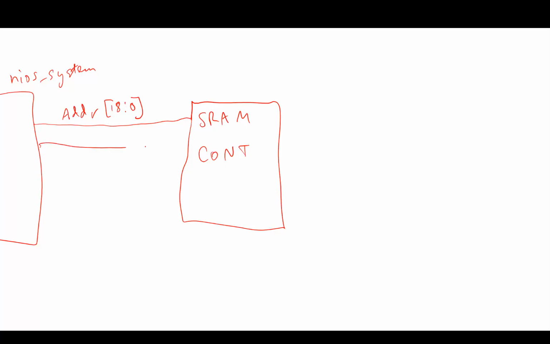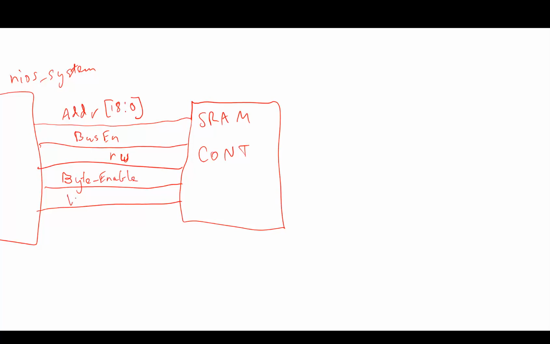Then there is a bus enable, and then a read-write bit. Then you have your byte enable bits, and then you have write data. Write data is 16 bits.